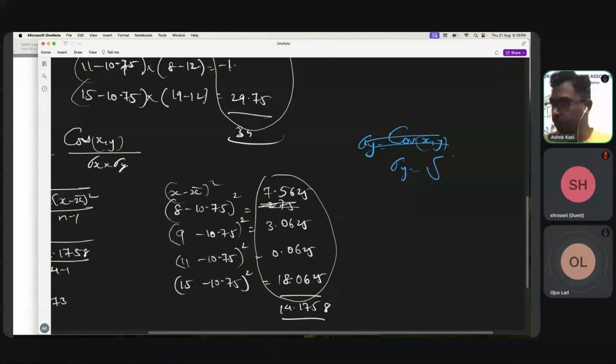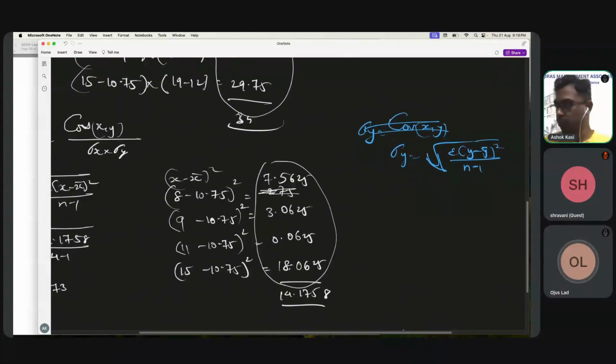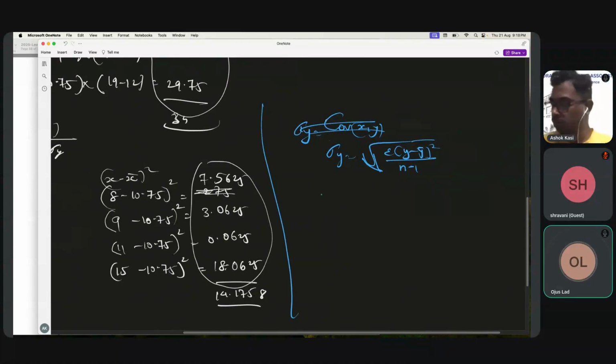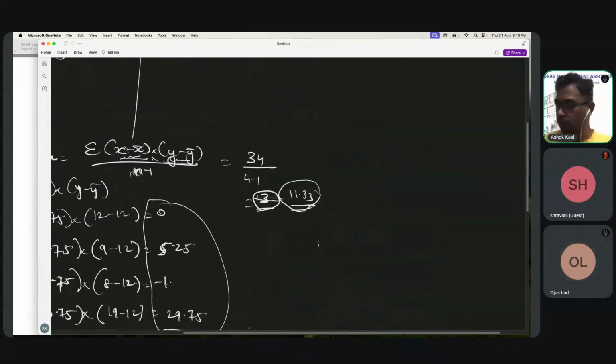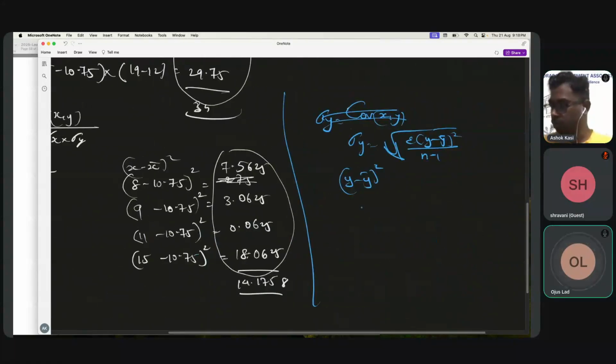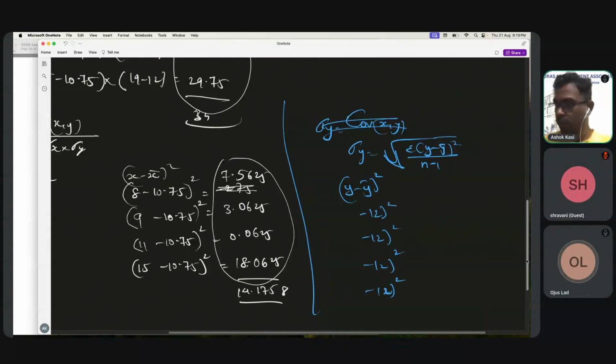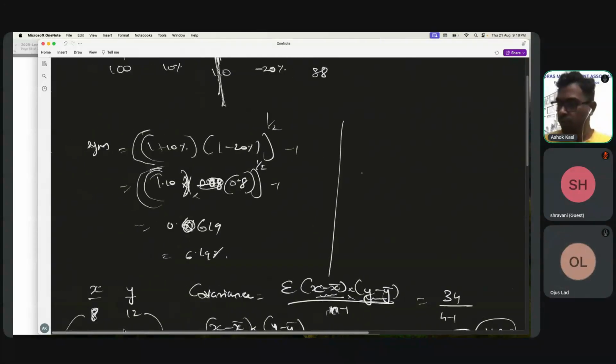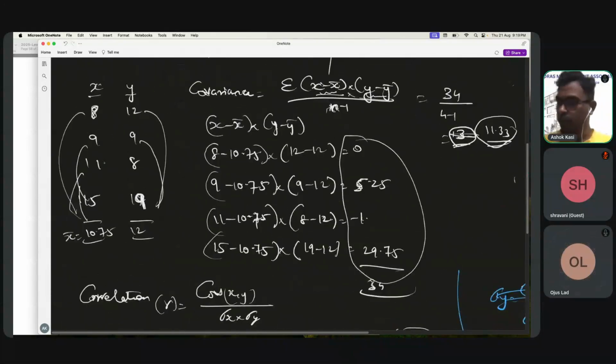Standard deviation of y. Y bar is 12, right? And y is 12, 8, 9, 11, 15.